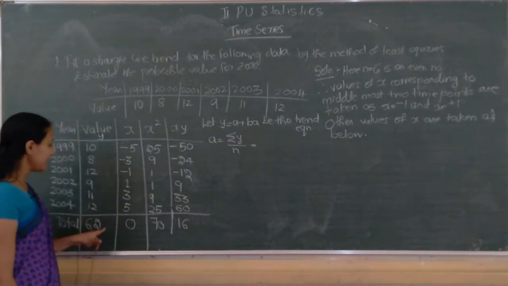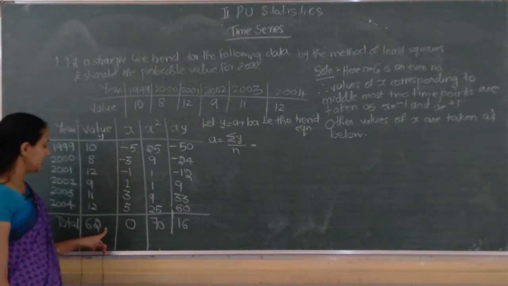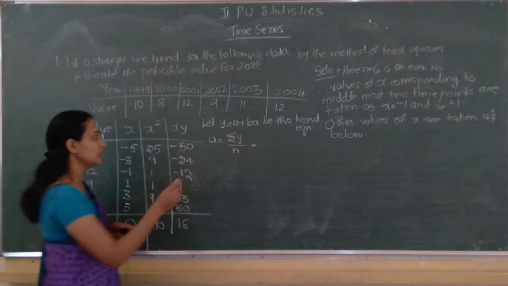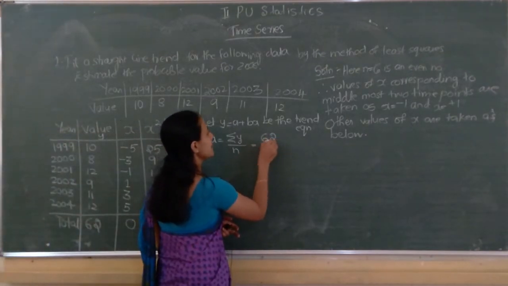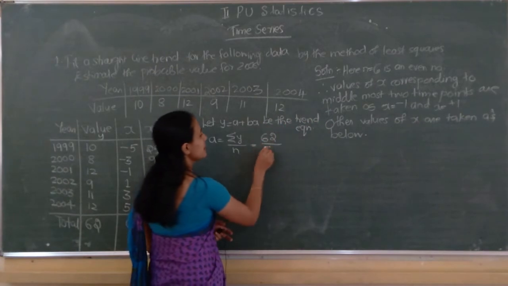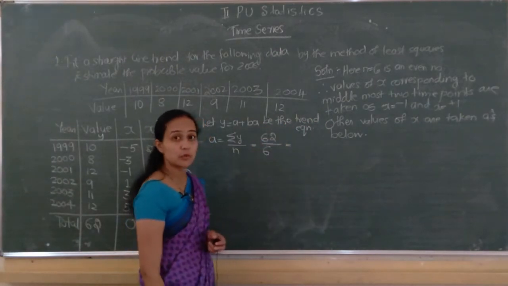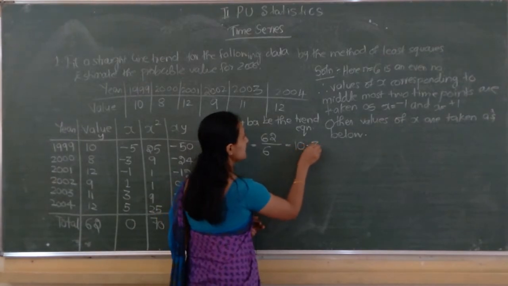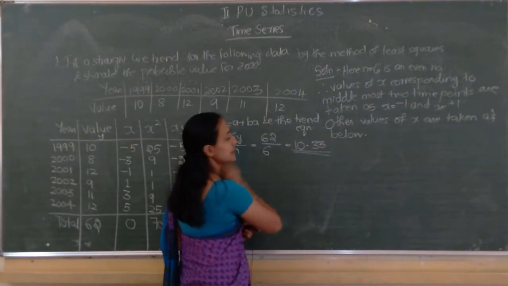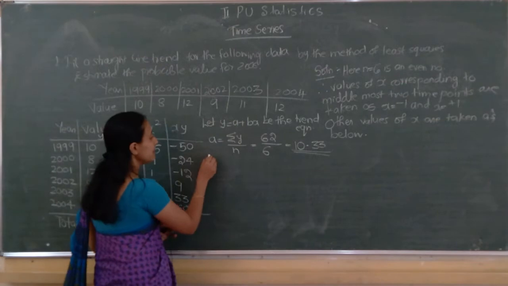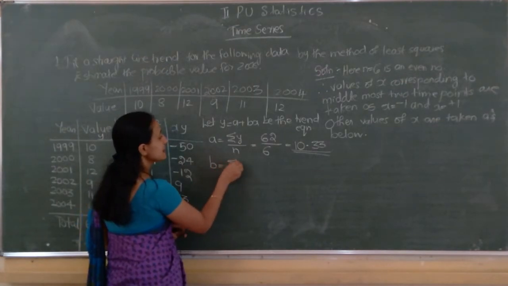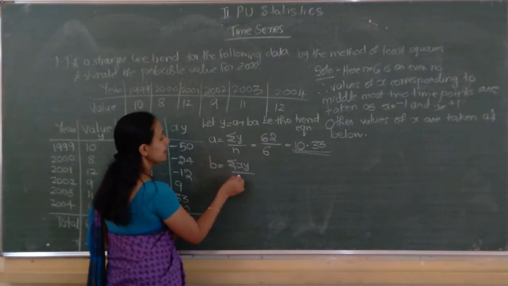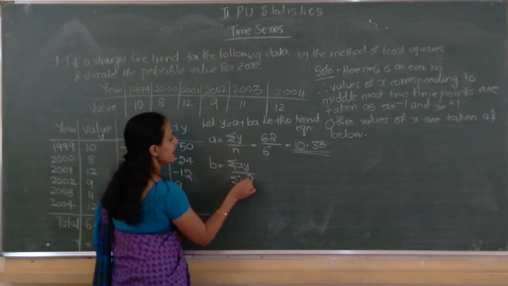Sigma y is the total value of y, that is 62, divided by n, the number of years or observations, 6. 62 divided by 6 is 10.33. Clear? Then b equal to sigma xy divided by sigma x square.